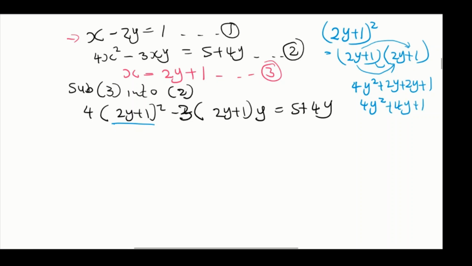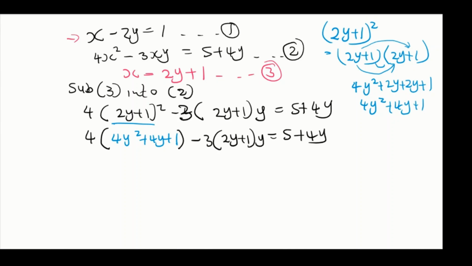So we'll have 4 multiplying the 4y squared plus 4y plus 1, and minus 3 into 2y plus 1 multiplied by y equals 5 plus 4y. Then the 4 will multiply everything that is inside.